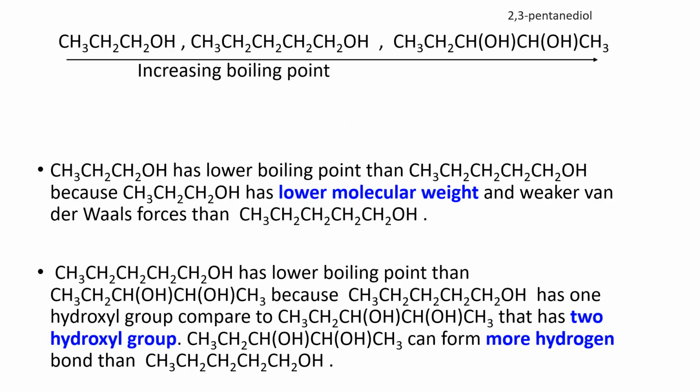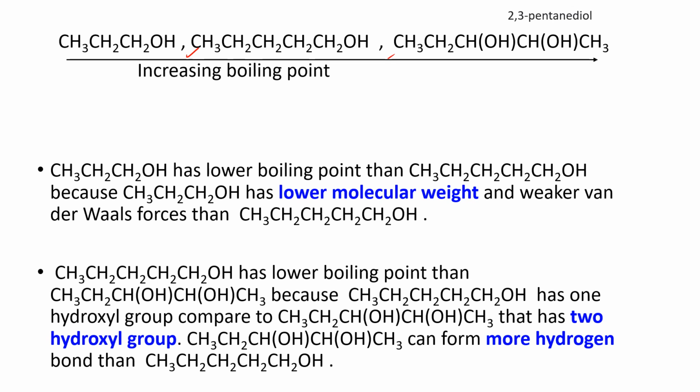After we discuss the criteria of the structure for arranging the boiling point, now we can answer the question by writing the increasing boiling point: 1-propanol, comma, 1-pentanol, comma, then 2,3-pentane-diol.